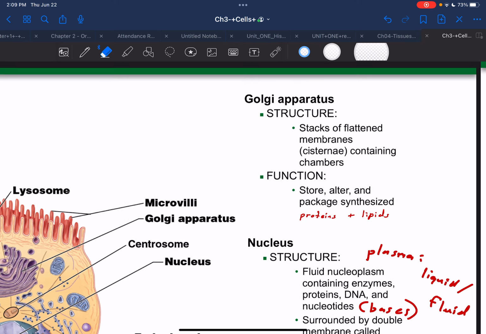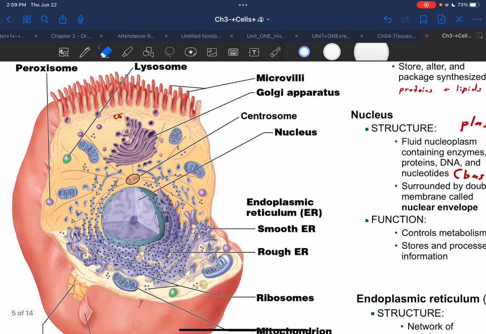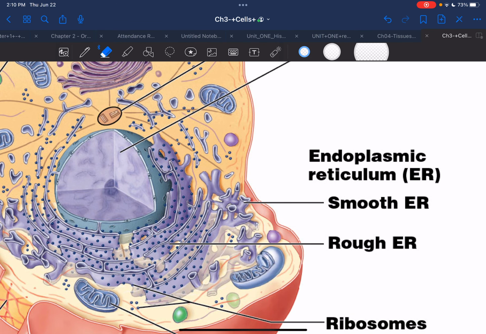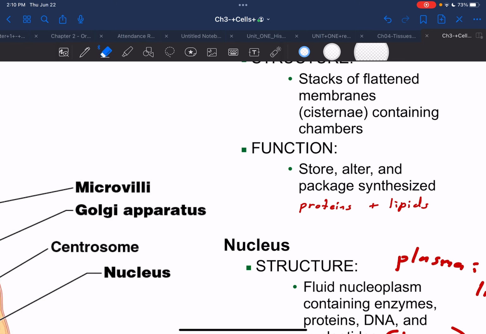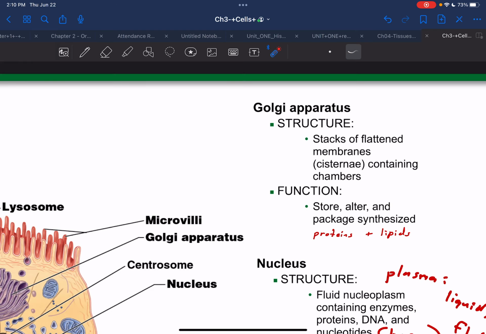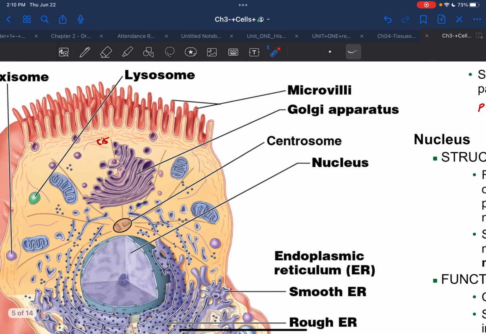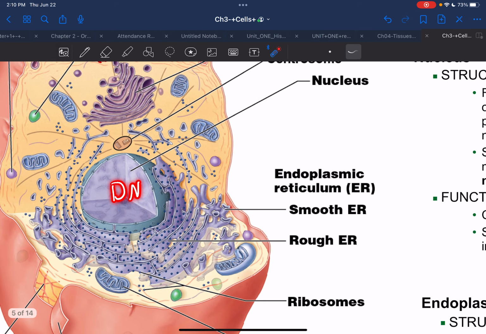So if you think about it from a simple perspective, proteins were made by the rough ER, and then they're going to be packaged or stored or modified or completely transformed or fixed in the Golgi apparatus. So there's an order to this stuff. The DNA or the nucleus tells the cell what to make and what proteins to make.